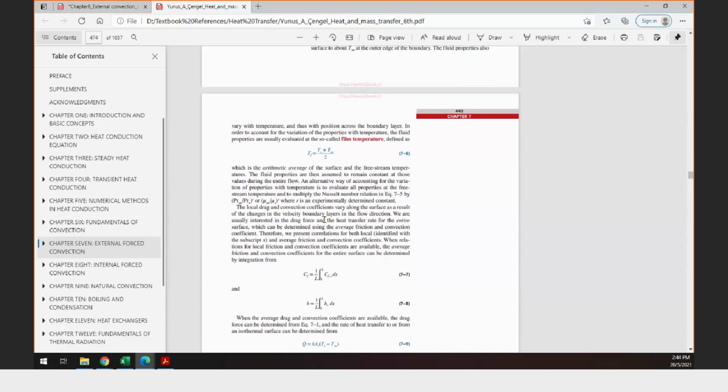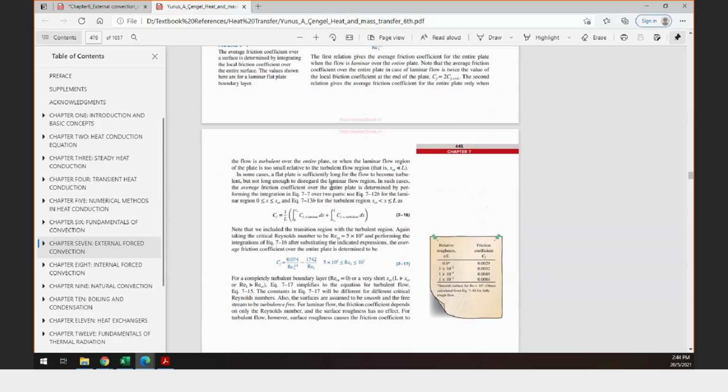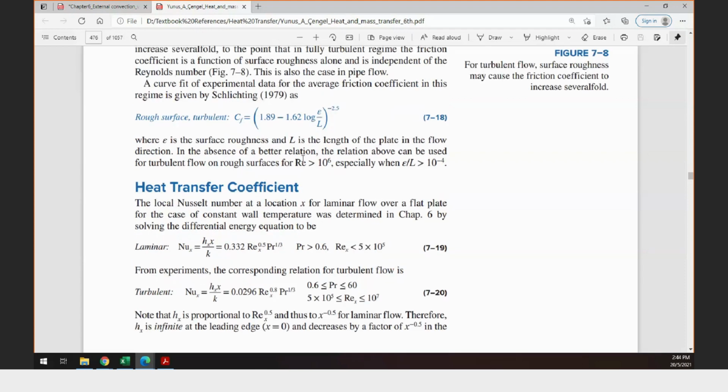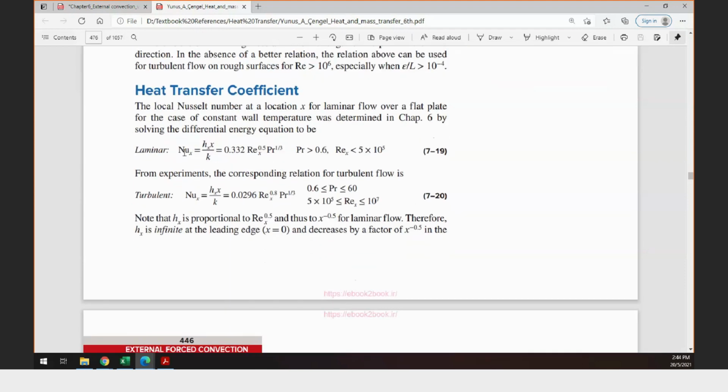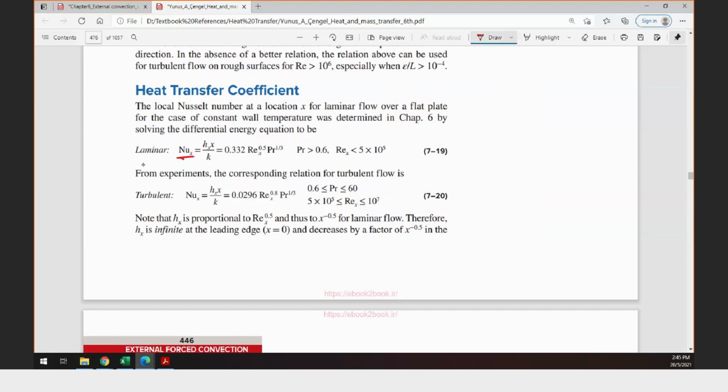So if you look, this is the heat transfer coefficient for the laminar and turbulent, but local, because you got this x value.